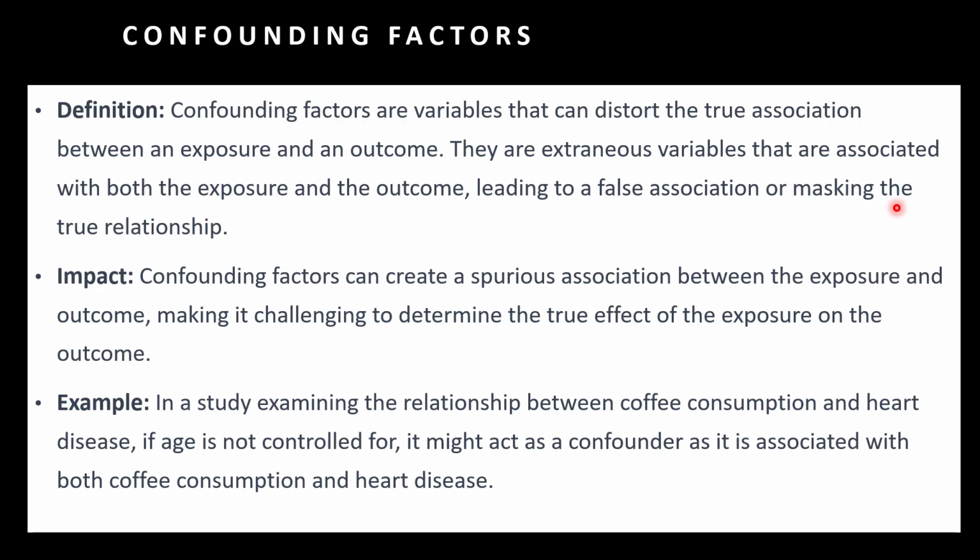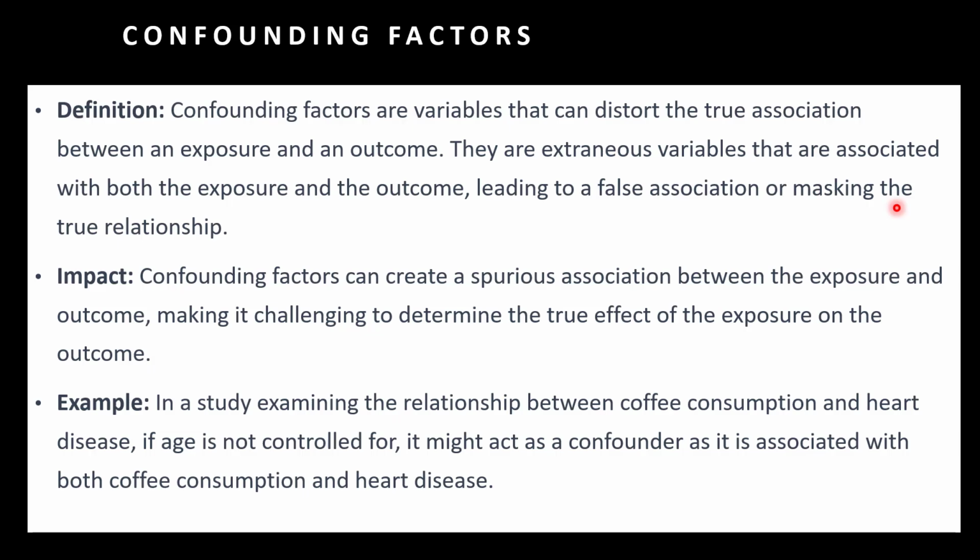And as a famous example, in a study examining the relationship between coffee consumption and heart disease, if the age is not controlled, it might act as a confounder because the age can be associated with both the coffee consumption and the heart disease.